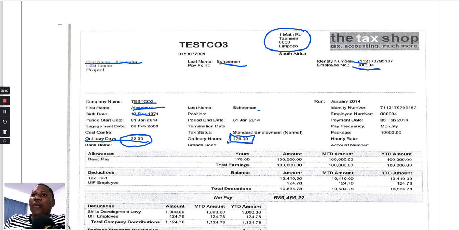Now look at this. If the bank name is not given, or the account number is not given, it means they cannot ask you questions about them, because this information is confidential. If they chose not to show it, they cannot ask you questions based on these things.